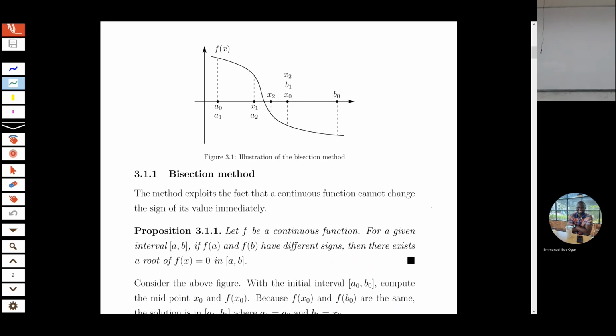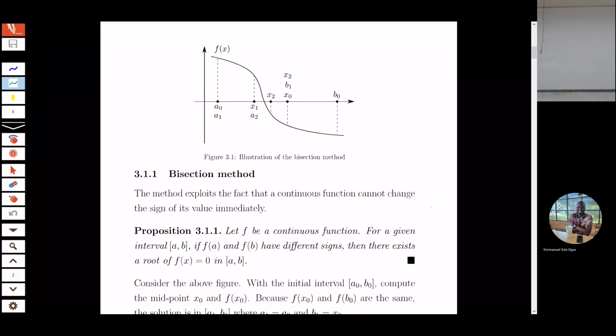We use 2 points to bracket the root. Then we add an additional point in the middle. Now we have 3 points, but we only need 2 points to bracket the root. Then how can we do this?